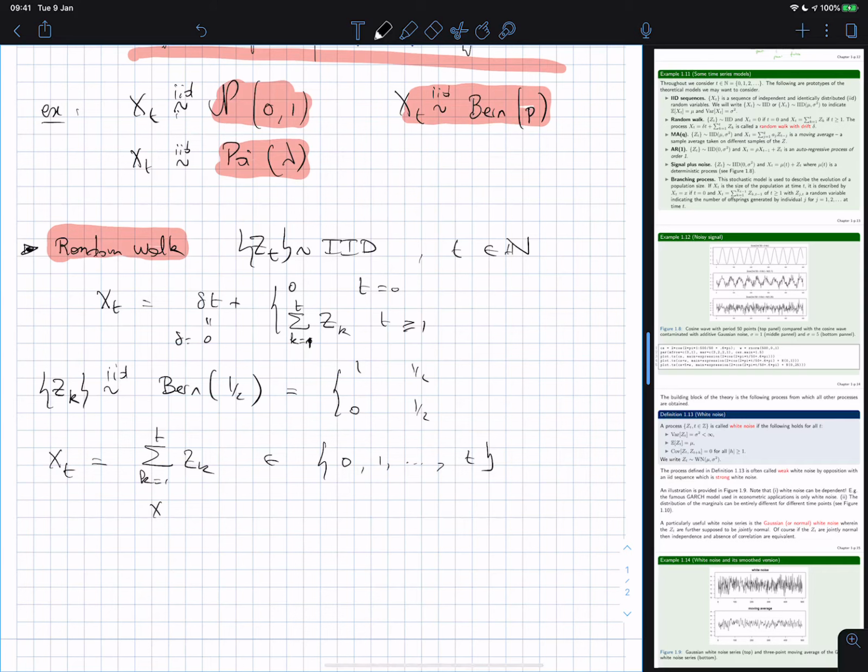Well, then xt itself follows a binomial distribution with parameters t and 1/2. Is that okay for everybody? That if the zk's are IID Bernoulli, the sum of the zk's would be a binomial.